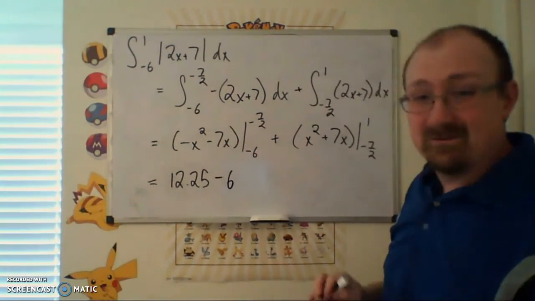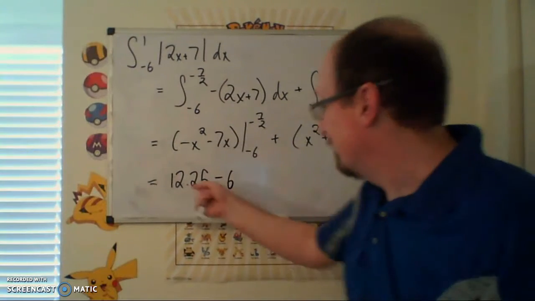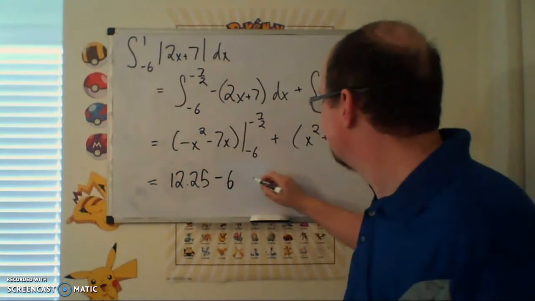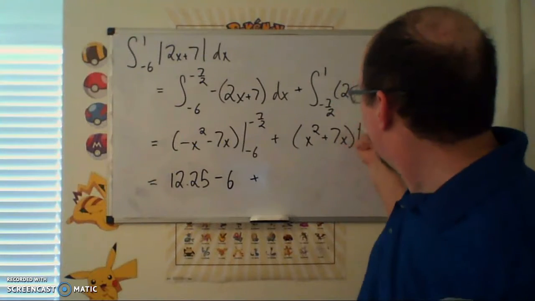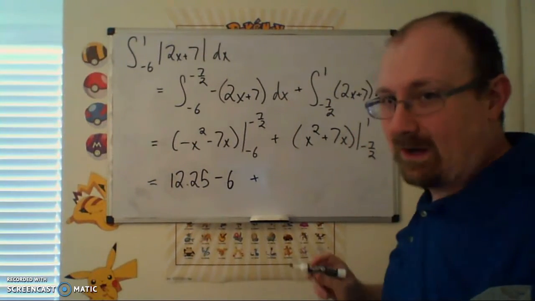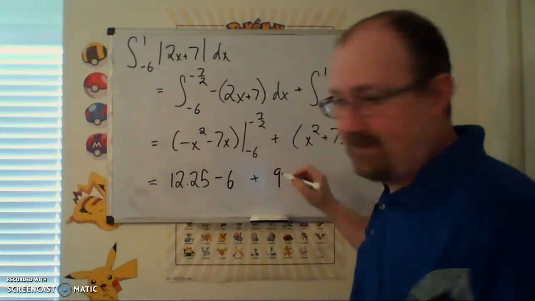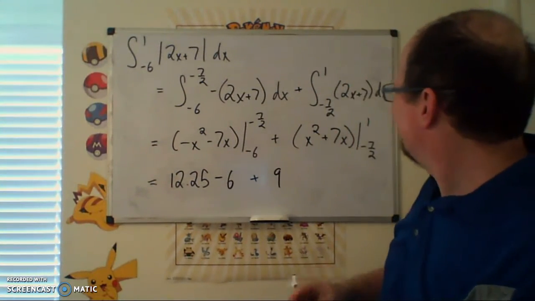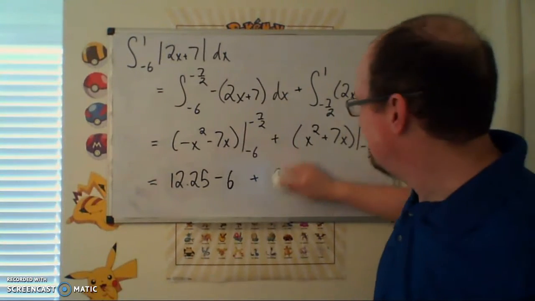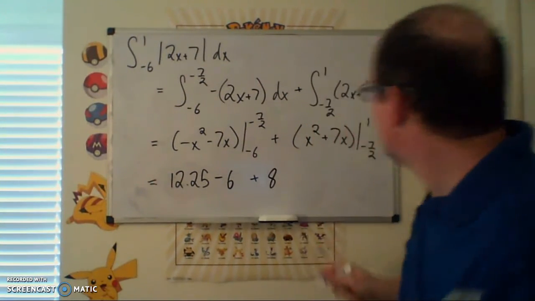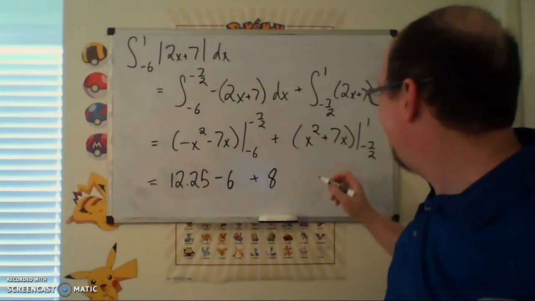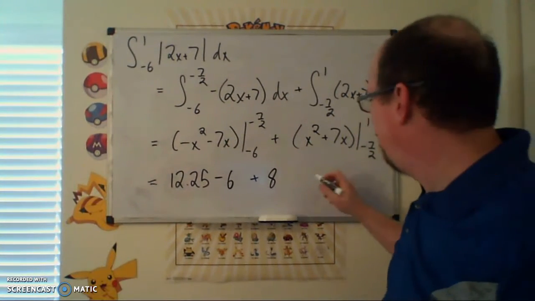The fundamental theorem calls for a subtraction there, so 12.25 minus 6. This plus is built in thanks to our splitting property. I plug in 1 squared plus 7 times 1 is 9. Sorry, not 9. It should be 8. I messed up. When I plug in negative 7 halves, I get a negative 12.25.